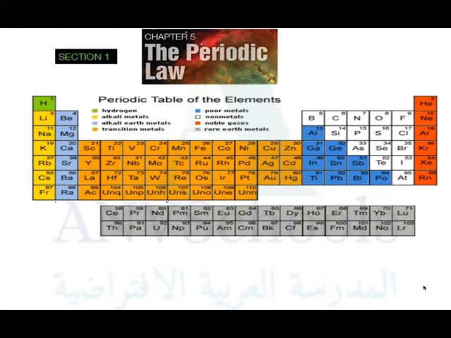According to Moseley, he studied the emission spectra of many metals, and he was able to summarize from that data that the pattern of the emission spectra tells us that if elements are arranged in increasing order of nuclear charge, it would be a very nice pattern. That pattern will be displayed later in terms of atomic number, because nuclear charge means the charge of the nucleus, which is because of the number of protons.